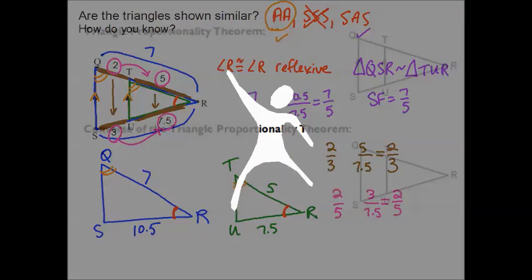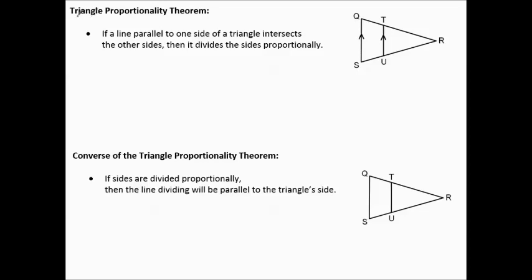Let's write that down. Triangle Proportionality Theorem. If a line parallel to one side of a triangle intersects the other sides, then it divides the sides proportionally.